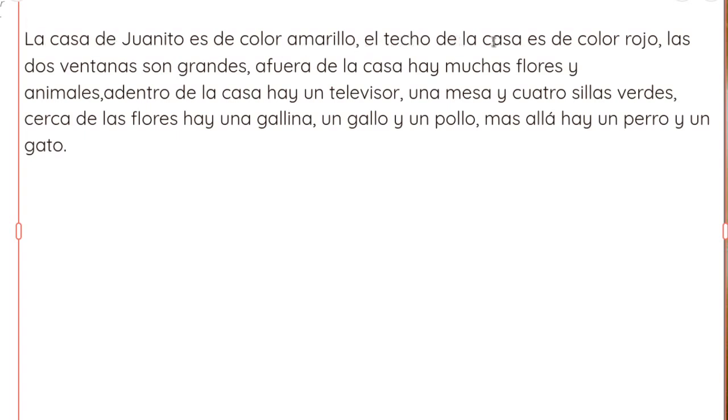El techo de la casa es de color rojo. Nothing new there also. We know all those words. Las dos ventanas son grandes. Okay, the only new word over here is dos, which means two, number 2.